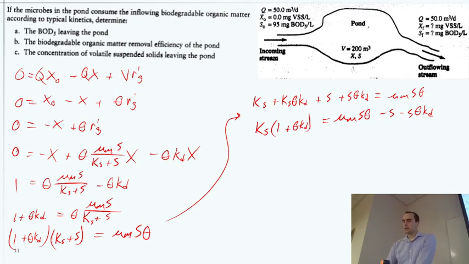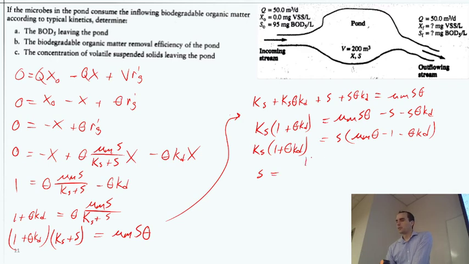So we can factor out S on the right and say this is going to be S times mu max theta minus 1 minus theta KD. And all of that equal to Ks times 1 plus theta KD. So at the end of the day, S is equal to Ks times 1 plus theta KD divided by mu max theta minus 1 minus theta KD.